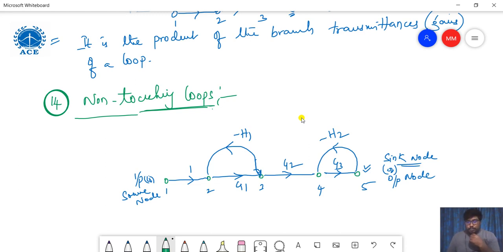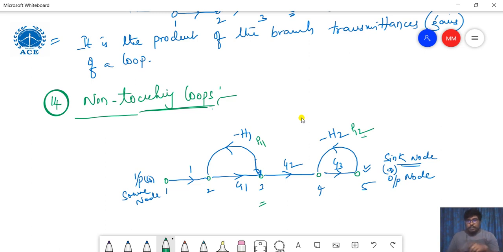See here, non-touching loops. In this signal flow graph we have two loops. If I say this is loop 1, p11, and this is p12, these are the individual loops.